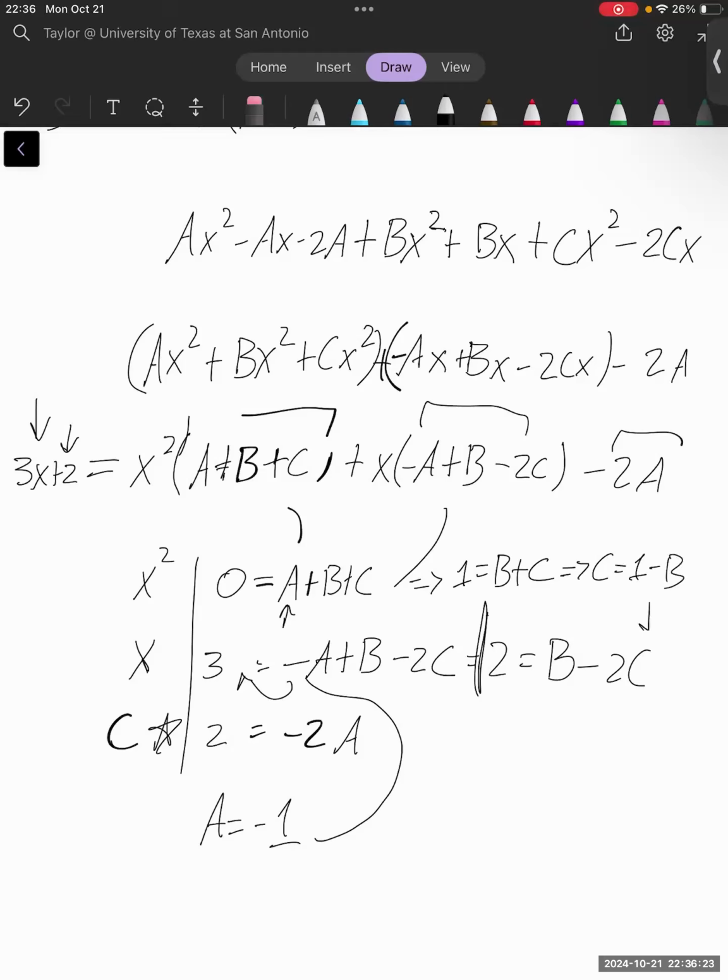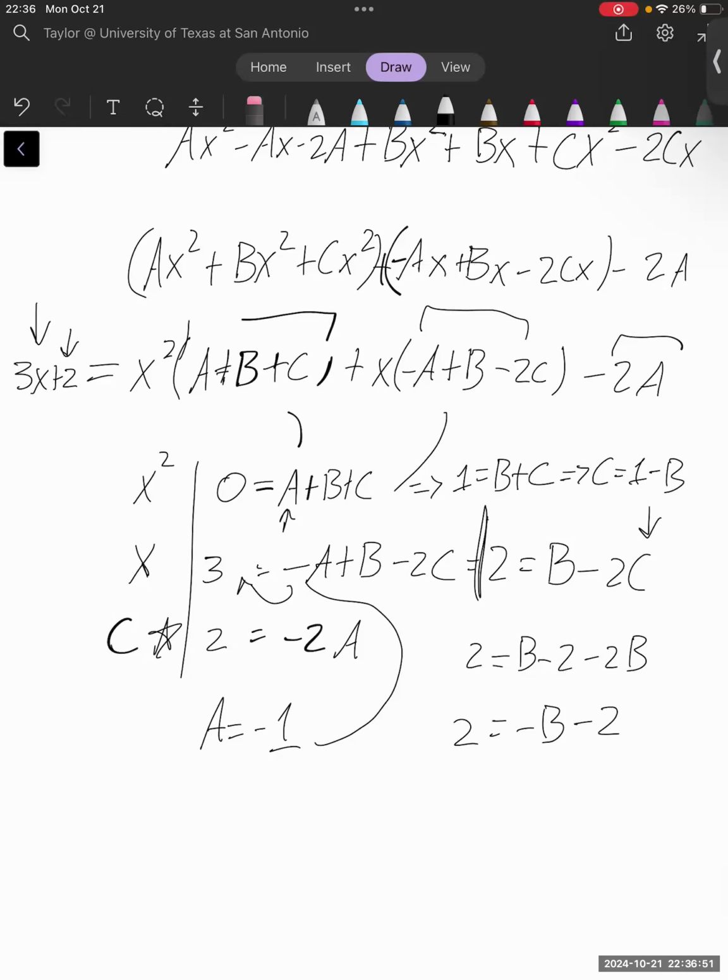I'm going to substitute that here, giving me 2 minus c equals b minus 2 minus 2b, which gives me negative b minus 2 equals 2.